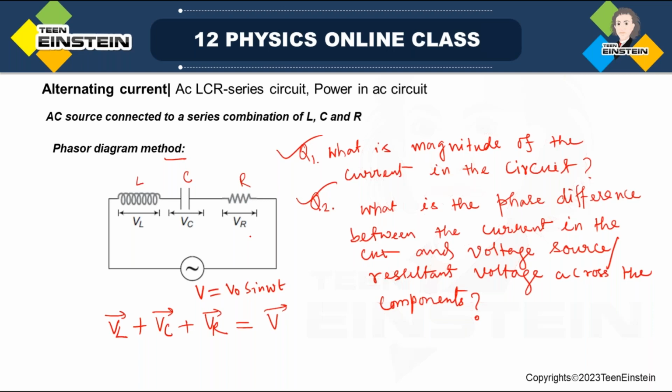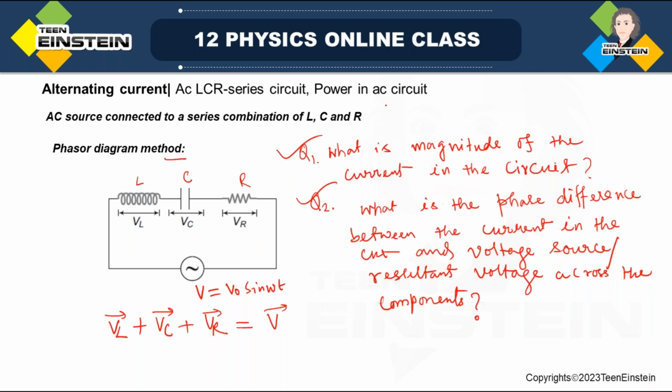Now let me first analyze this AC LCR series circuit in phasor diagram method, and then we'll take up analytical and elaborate method where we have to do a lot of calculations. We'll do that also.